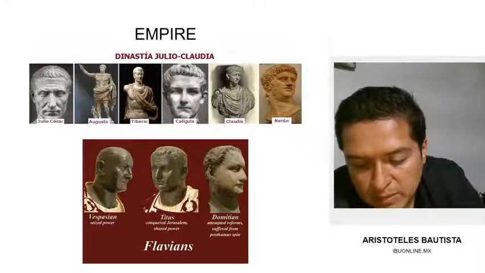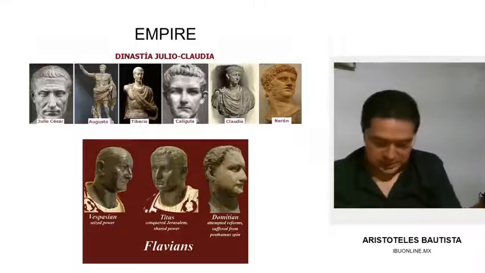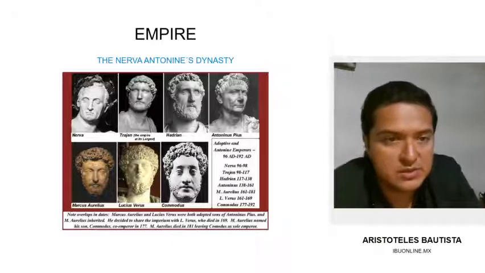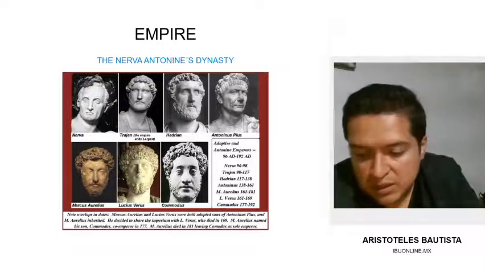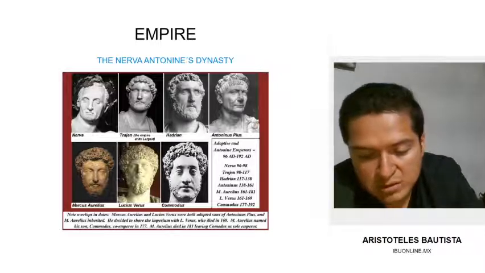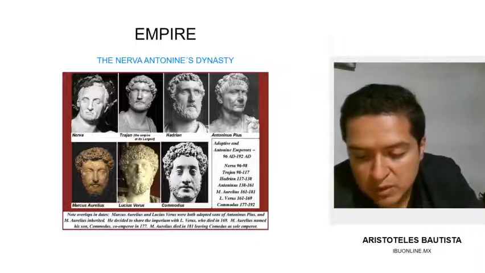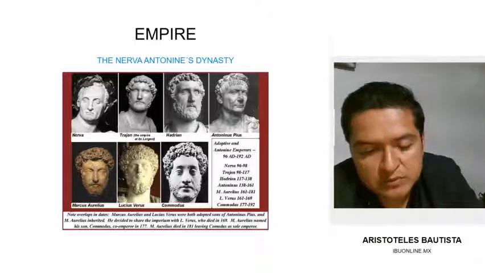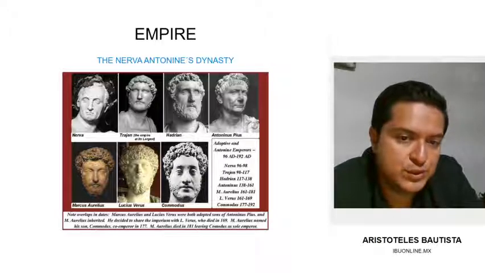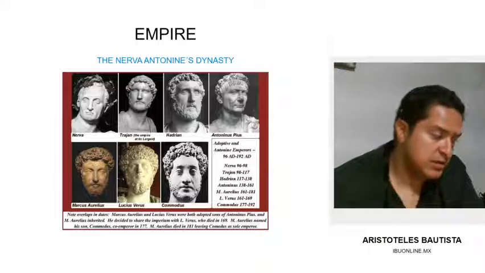So there exists another dynasty that appeared, the Antonine dynasty successions, and guys like Nerva, Trajan, Hadrian, Antoninus Pius, Marcus Aurelius, Lucius Verus, Commodus, they brought the golden age in century 2 to the Roman Empire.